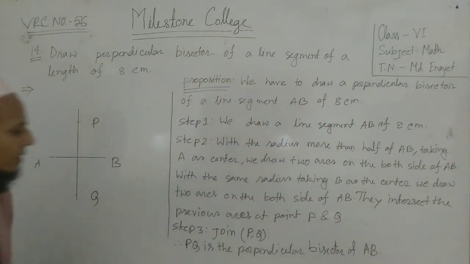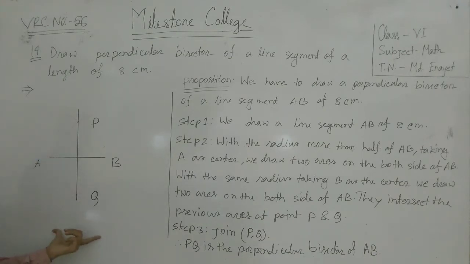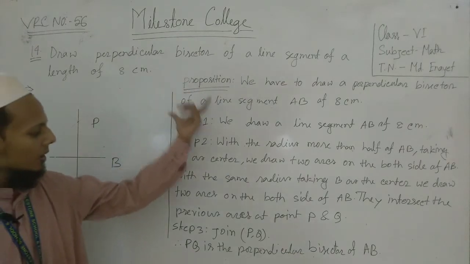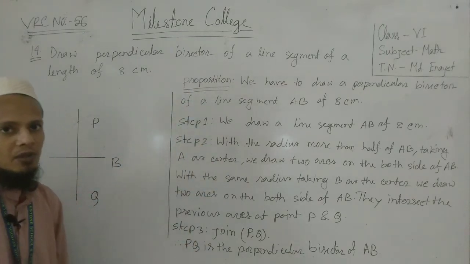So, my dear students, I have completed the solution of question number 14. I hope all of you have understood this perfectly. This is the drawing, this is the proposition, and these are the steps of construction.